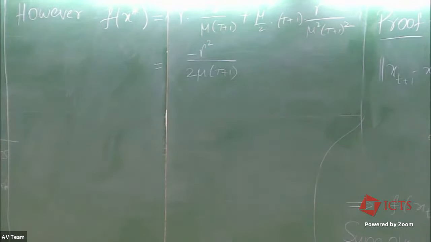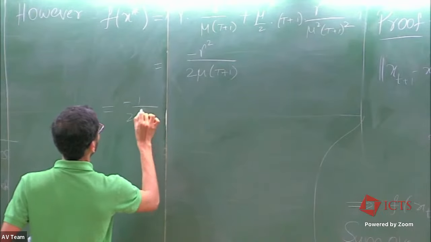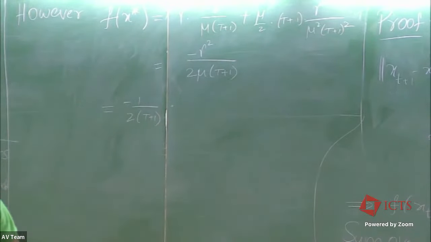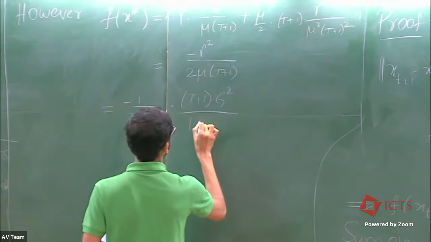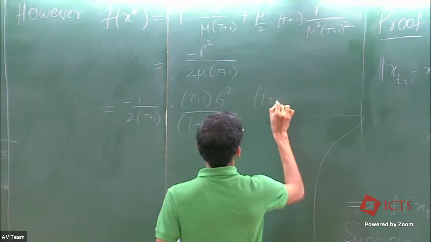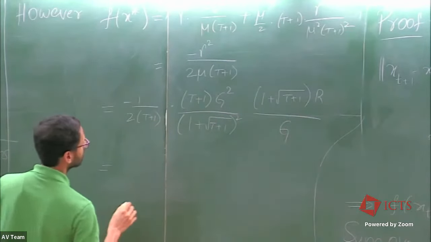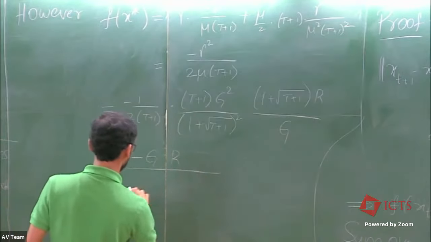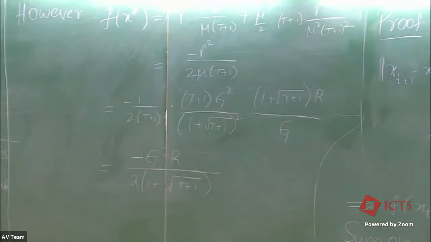Okay, and if you plug the values of gamma and mu here, gamma square is t plus 1, and 1 over mu is, so f of xt is at least positive, and f of x star is actually equal to this.